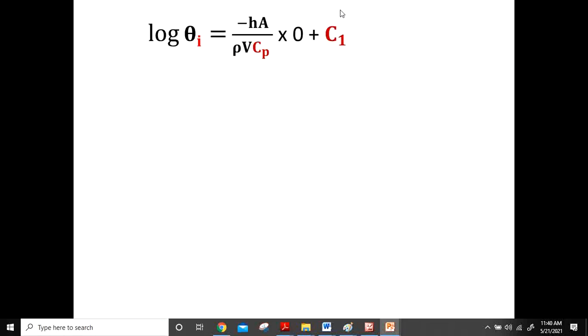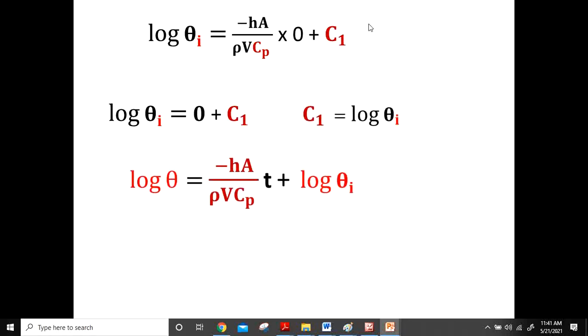I will put this in the equation, and this whole term will become 0. Therefore, the value C1 is equal to log theta i. Log theta is equal to minus hA divided by rho V Cp into t plus log theta i. Therefore, log theta minus log theta i is equal to minus hA divided by rho V Cp times t.